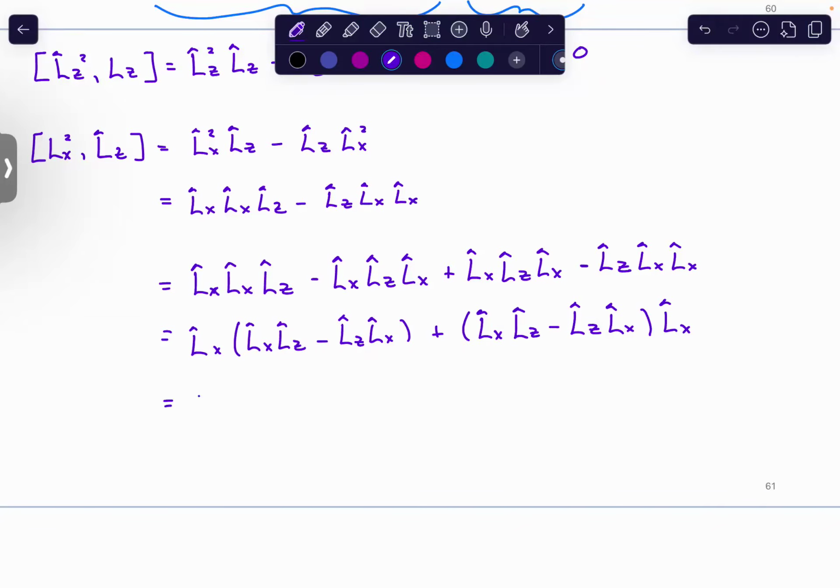Now I have commutators. Oh, sorry, I wrote these backwards. It's supposed to be reversed.